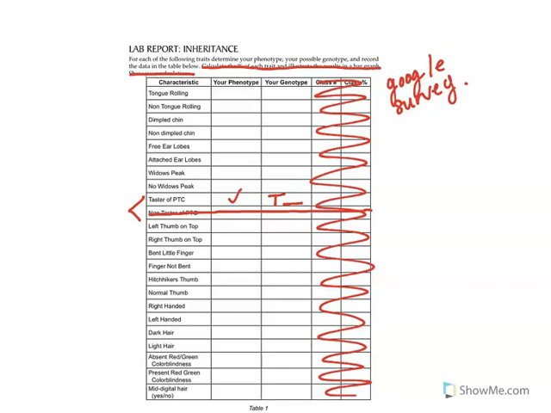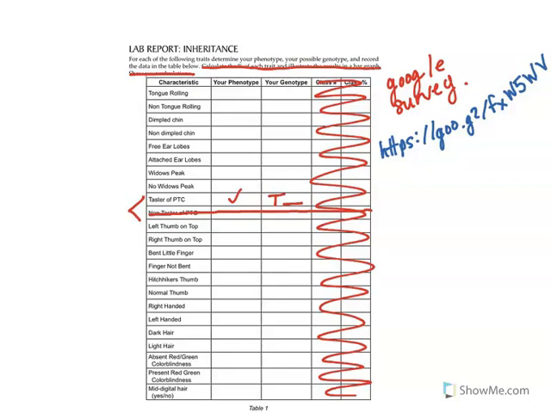I'll actually put the link up where I'm going to upload your lab, but let me go ahead and add the link on here. You're going to go to https://goo.gl/fxw5wv.